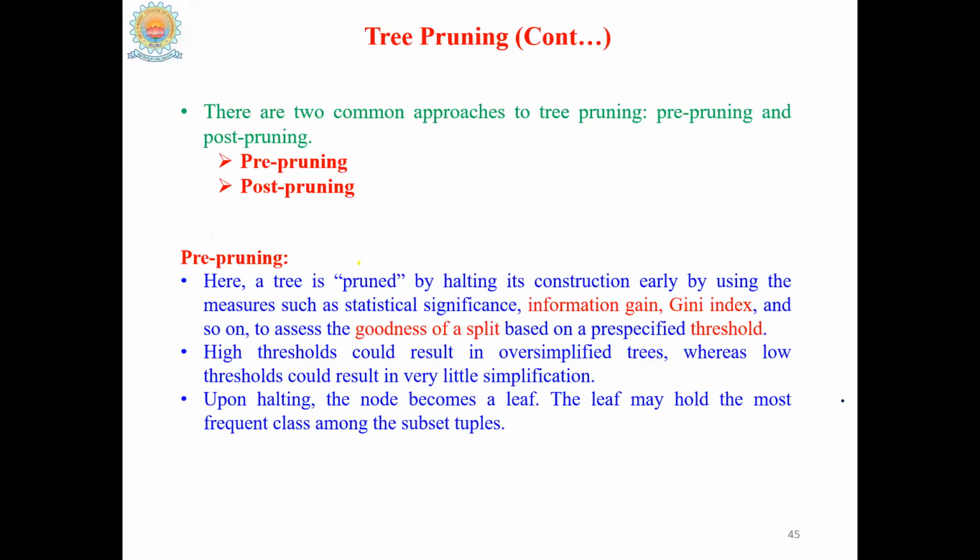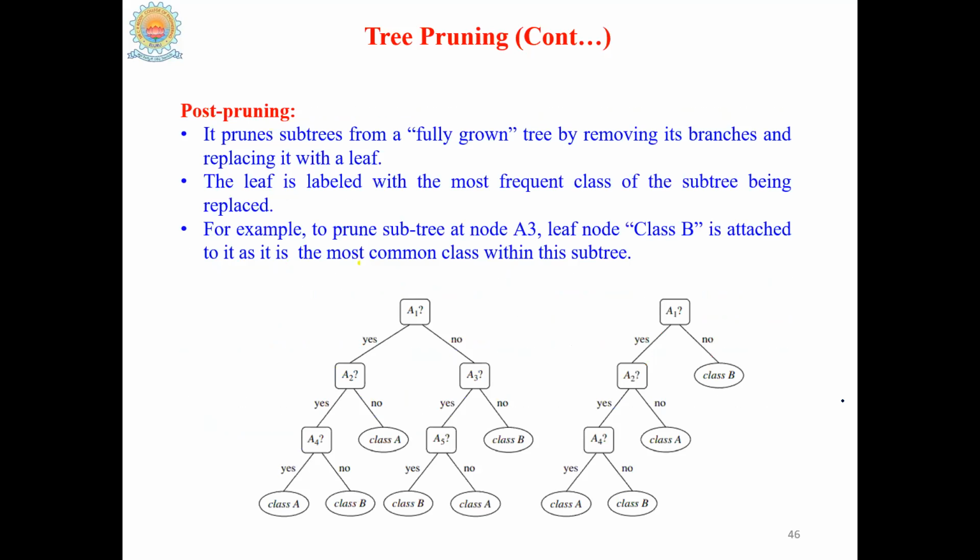So high thresholds could result in simplified trees, whereas low thresholds could result in very little simplification. Upon halting, the node becomes a leaf node. So the leaf may hold the most frequent class among the subset of the tuples. So here is the post pruning. It prunes subtrees from a fully grown tree by removing its branches and replacing it with a leaf.